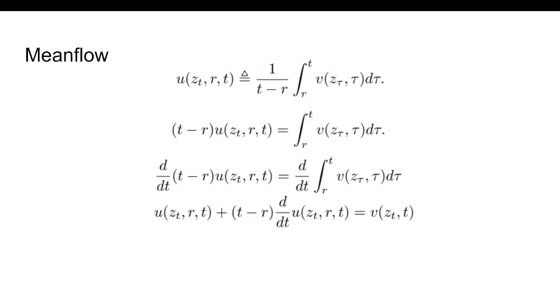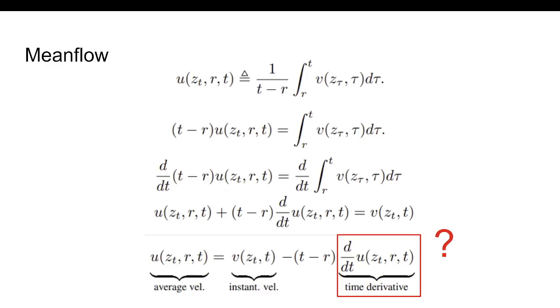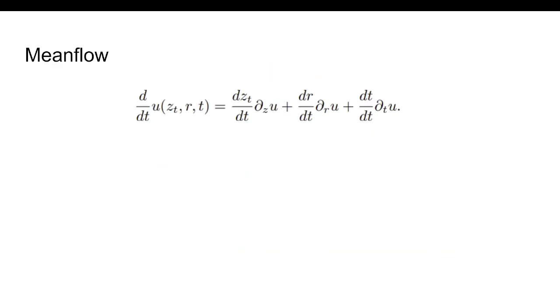Then, using the product rule, we can derive this equation. After that, we subtract the second term from both sides. At this point, we still don't know the time derivative, but we can derive it using the chain rule, like this.